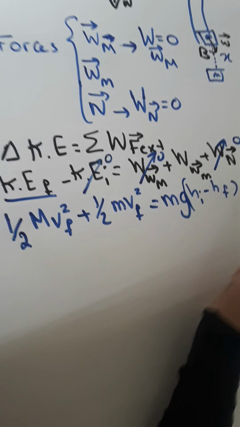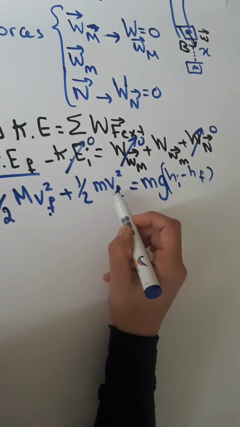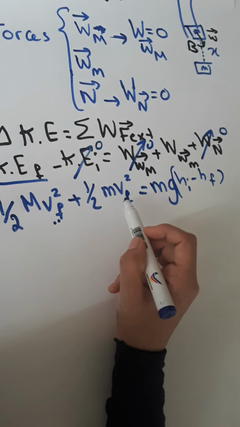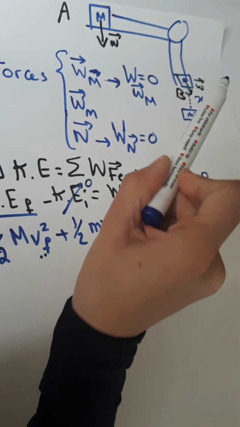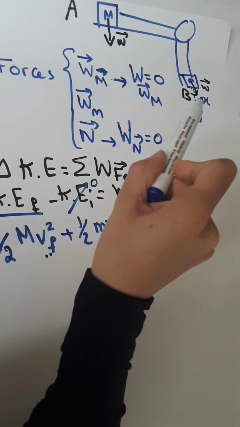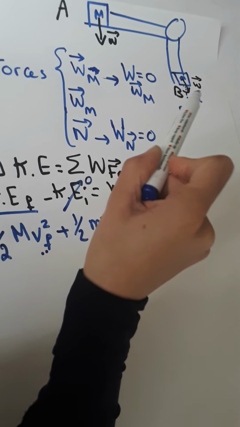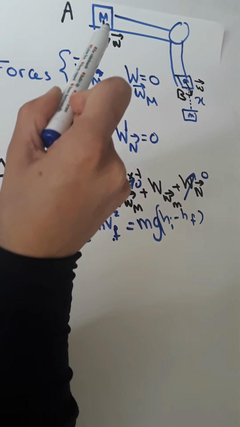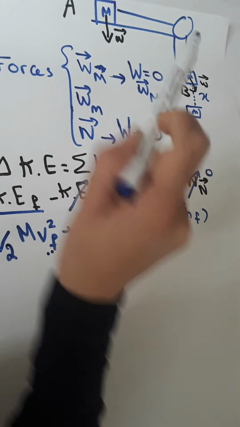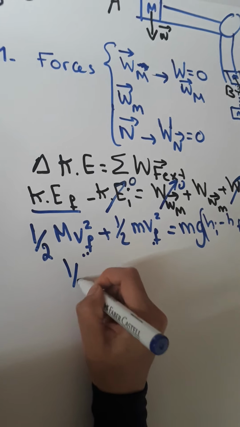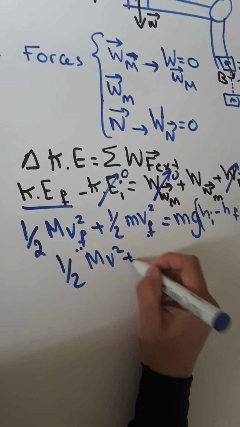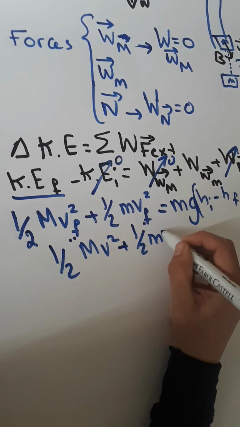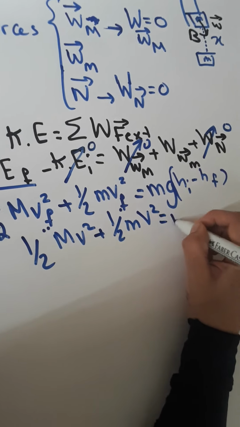Okay, guys, direct application. Here you have to note that these speeds are equal. Why? Because the string is inextensible. If this moves with speed v, then this will move with speed v again, the same speed because the string is inextensible. So it will be half Mv squared plus half mv squared, both moving with speed v, equal to mg.